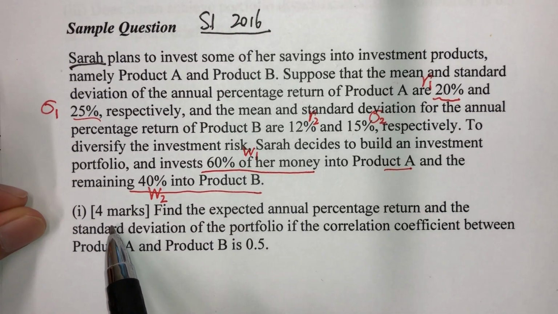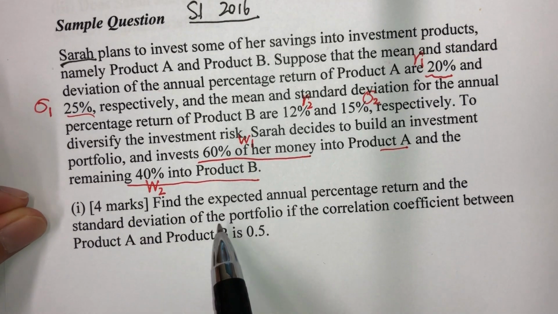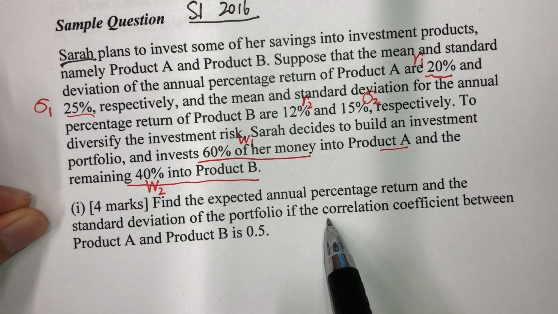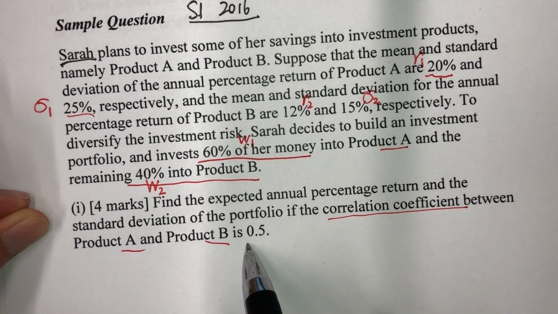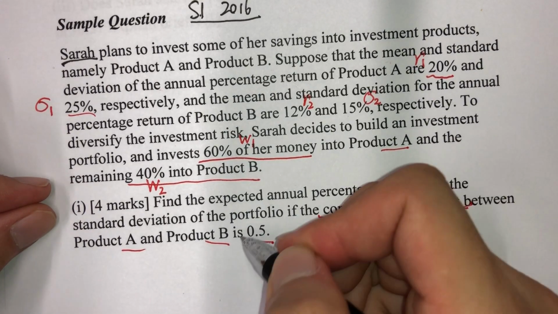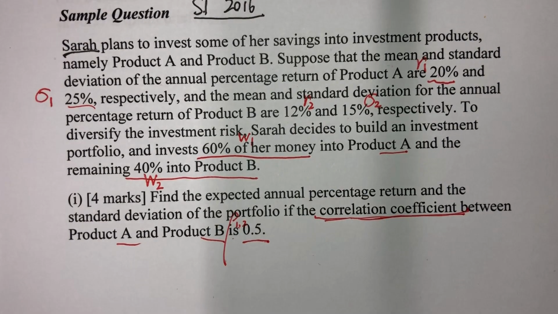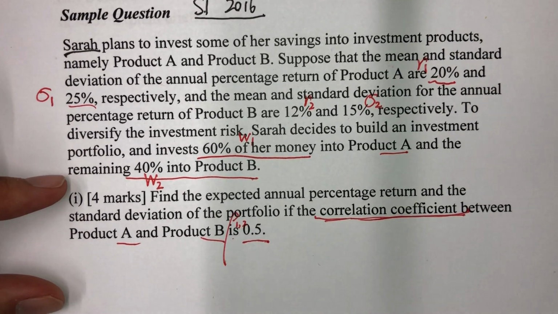It is asking us to find the expected annual percentage return and standard deviation of the portfolio if the correlation coefficient between product A and B is 0.5. So, if it is a correlation coefficient, we know that this is giving us rho 1,2 instead of the covariance, right? All right, so then things become very easy now. What we need to do is actually to apply the portfolio formula.